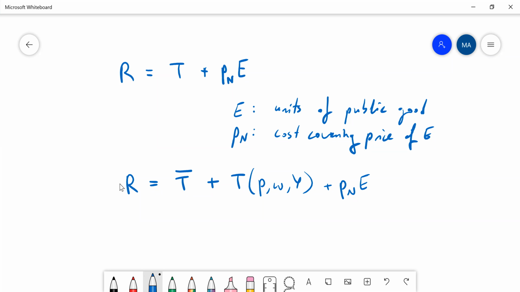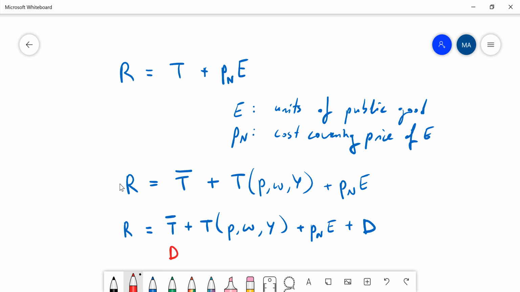And finally, you can actually tell me that the government can run a deficit or a surplus. Okay, D. So if you rewrite D, you have revenue minus the total expenditure, right?